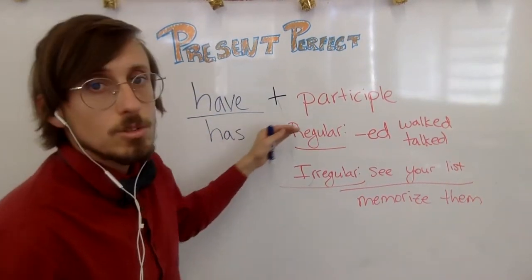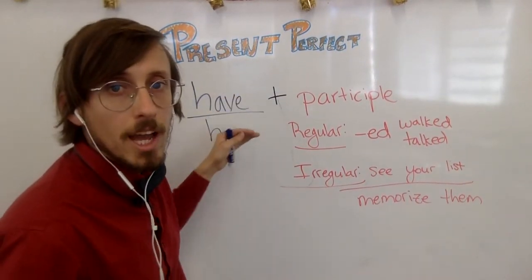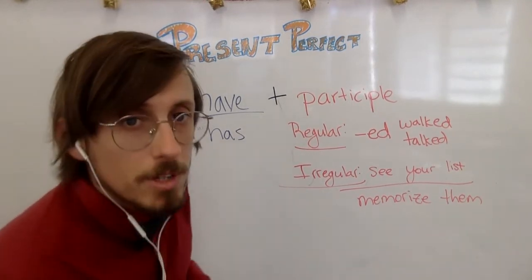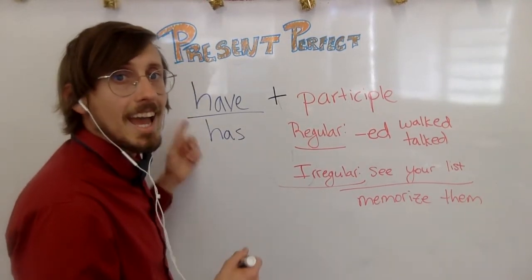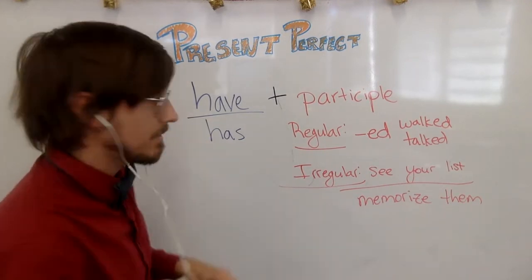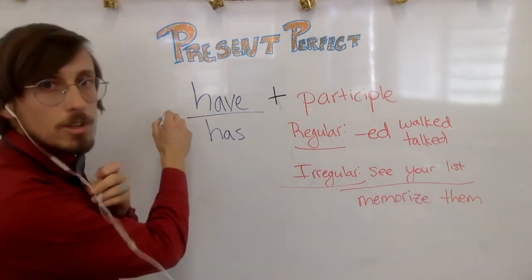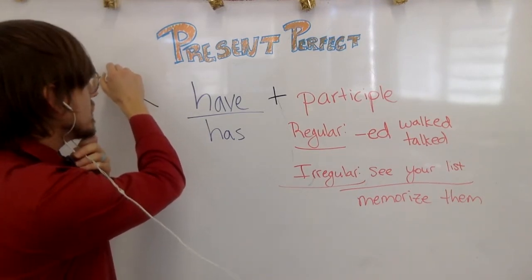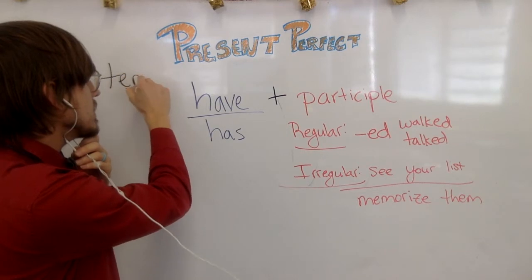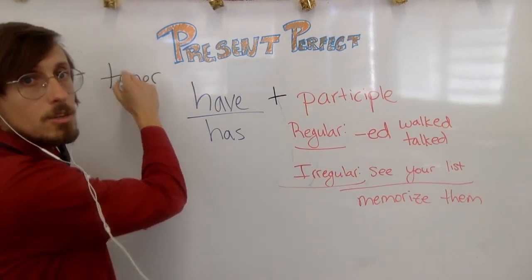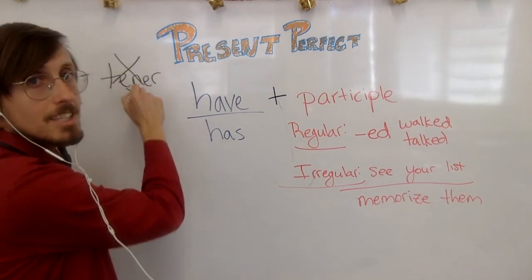But we'll need these two things: have or has, and a past participle. Now, something to remember is that this verb have is not the verb tener. Okay? The verb have in English is actually a combination of two different verbs that you would see in Spanish. Tener, but it's not tener in this case.